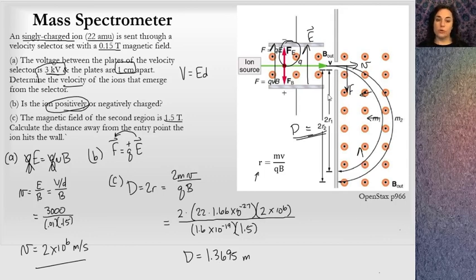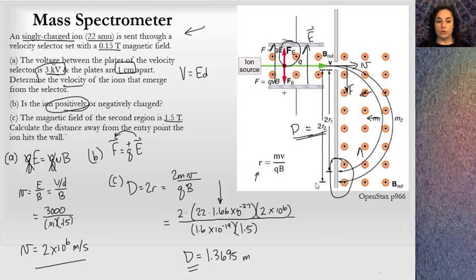So if you had a heavier ion, it would go farther. If you had a lighter ion, it would not go as far. And so that's how you can tell the difference. This picture is actually for 2 oxygen ions, the 2 different isotopes of oxygen, and that's why you can use a mass spec to figure out isotopes, because the slightly different mass has an effect on this distance that this ion traverses in the magnetic field.